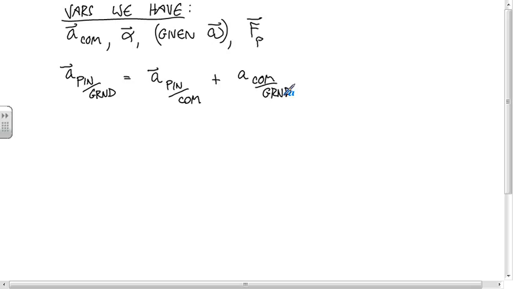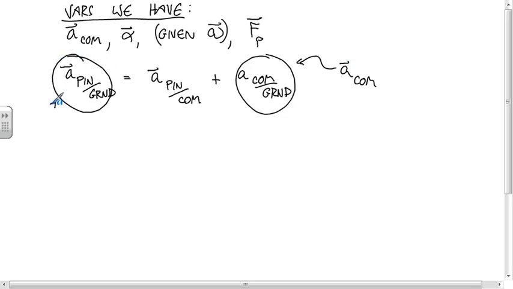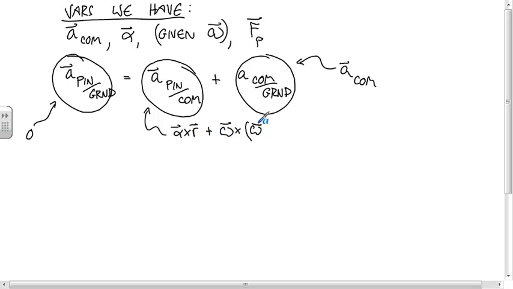Okay. This is the ACOM that we already have represented. This is 0. And this is the watermelon equation: alpha cross R plus omega cross R.